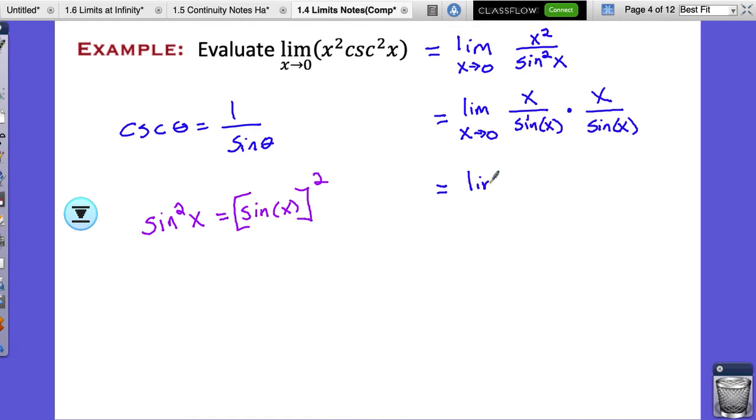All right, but if we do that same trick we did on that last problem, we can turn both of those into 1 over the sine of x over x.